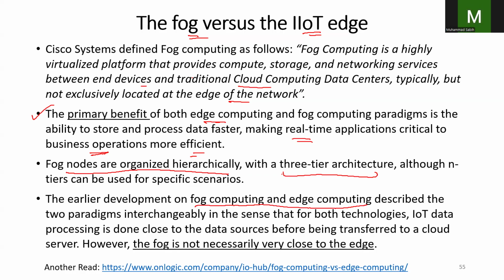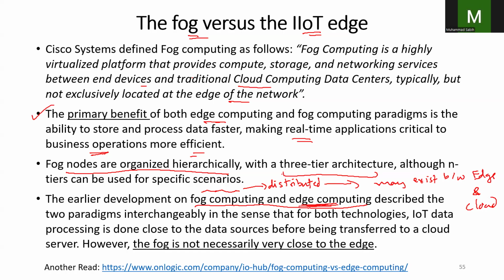Fog computing is related to a distributed nature, and it may exist between the pure edge and the cloud, while edge computing is specifically handled at the edge side.